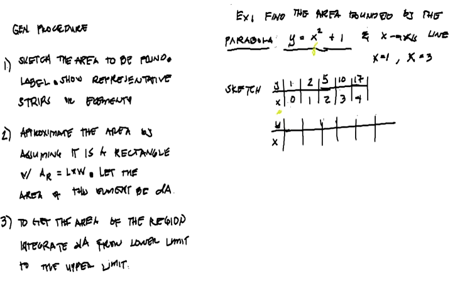So if x is negative 1, negative 1 squared, we have 1 plus 1 equals 2. For negative 2, negative 2 times 2, 4 plus 1, also 5. For negative 3, negative 3 squared, we have 10. Negative 4, we have 17, right? So I think that's enough points to sketch our parabola.